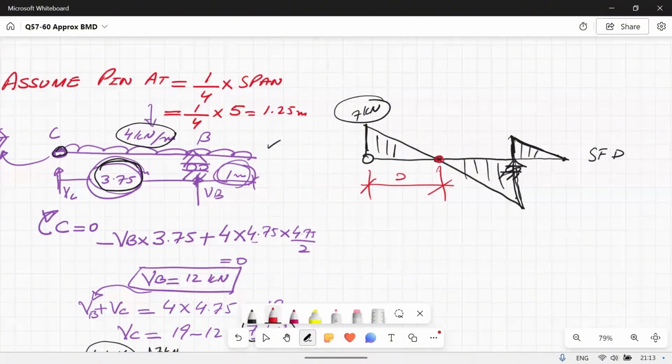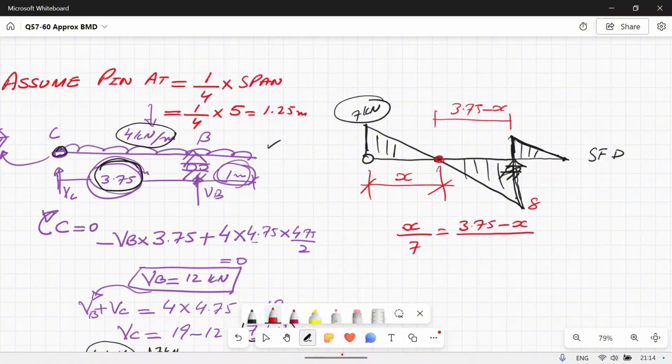This is the point where maximum sagging moment will happen, and this distance is 3.75 minus x, and this is 8. So comparing these two triangles, horizontal divided by vertical is equal to 3.75 minus x divided by vertical, which is 8.